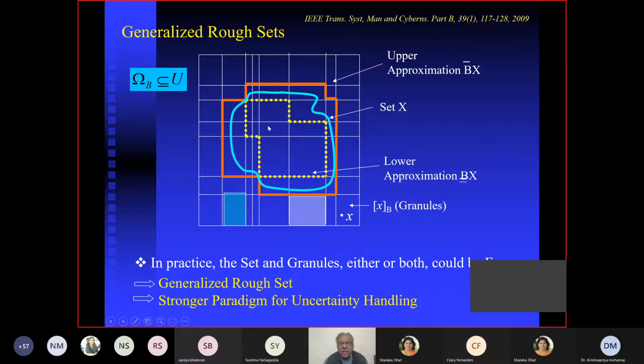Please listen carefully. Now it is a crisp set, crisp granule. Therefore, my lower approximation is crisp. There is no fuzziness. And the upper approximation is also crisp, which is a superset of this lower approximation. The lower approximation is a subset of the upper approximation, but both are crisp.